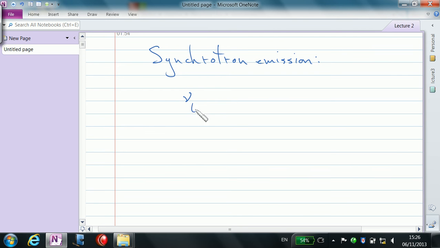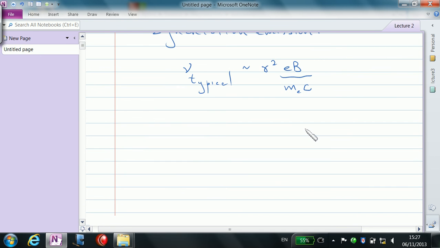The typical frequency is equal to gamma squared eB over m sub e c. M sub e is the rest energy of the electron. Why the gamma squared? Well, if I derived it, you would know.